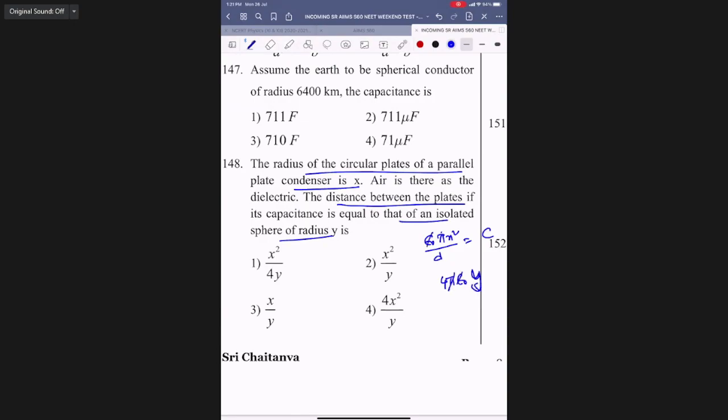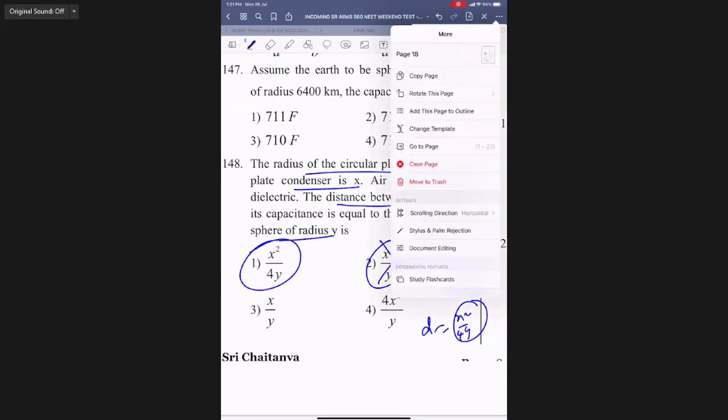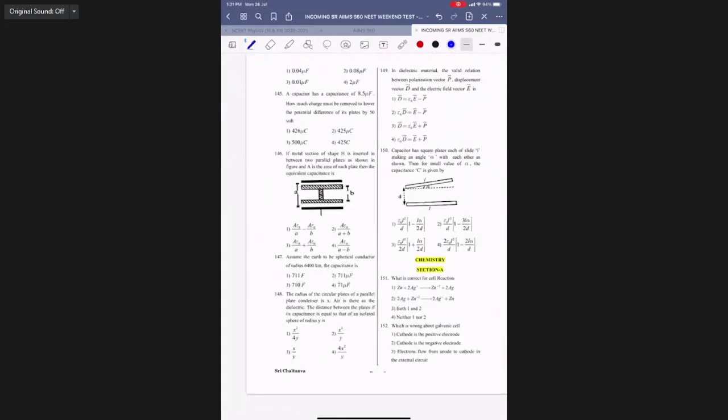So pi epsilon naught cancel. Then d equal to x square by y only, na? This you have done, r and r dash for material. So x square by 4y, no, sir? 4y by x square. First option they should get. Yes, I got it. Again that only. Yes, sir.